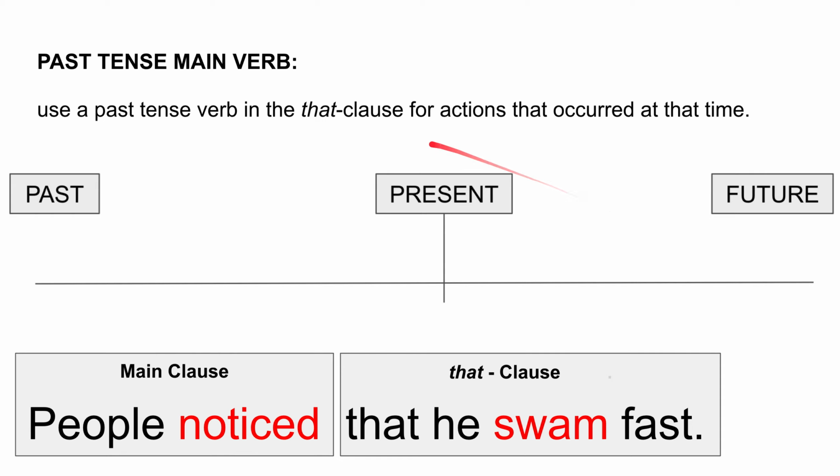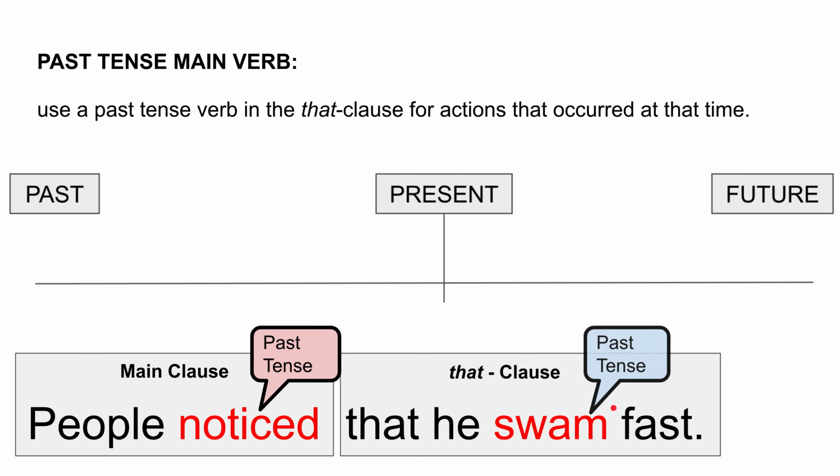Now moving on to the past tense main verb. When the main verb is in the past tense, use a past tense main verb in the that clause for actions that occurred at that time. So for example, people noticed. Here's my mental activity, in the past tense. It occurred in the past. People noticed that he swam fast, and this action also occurred in the past.